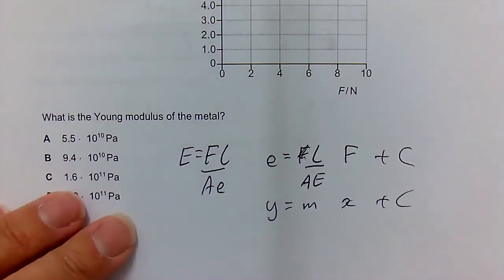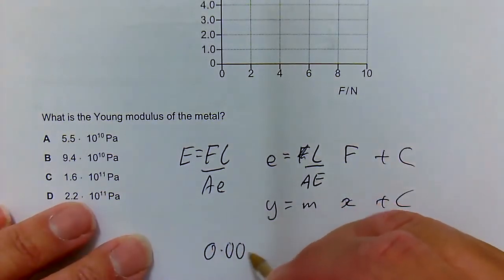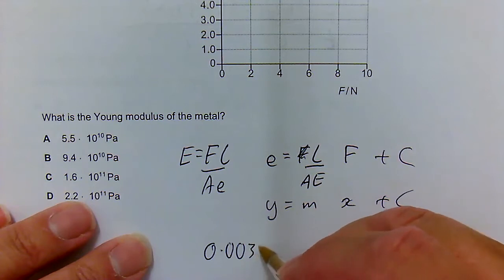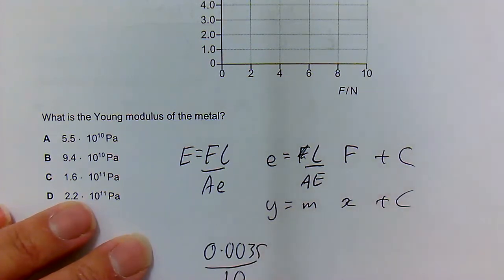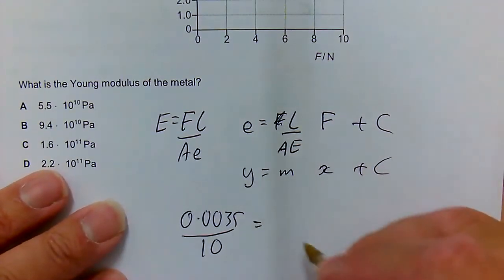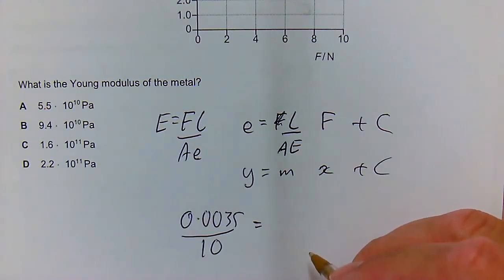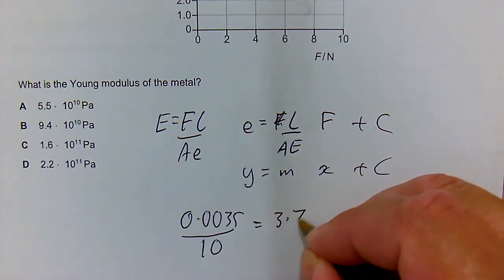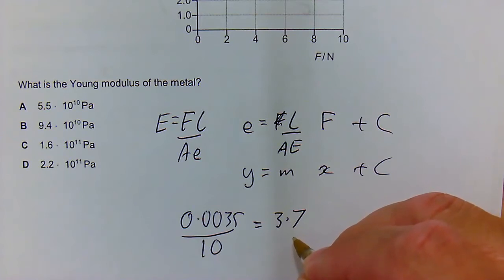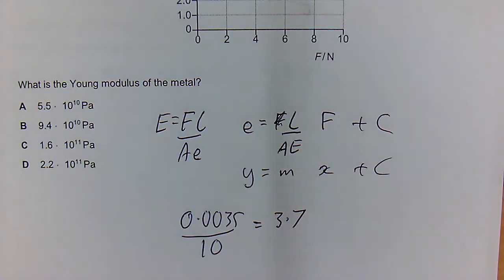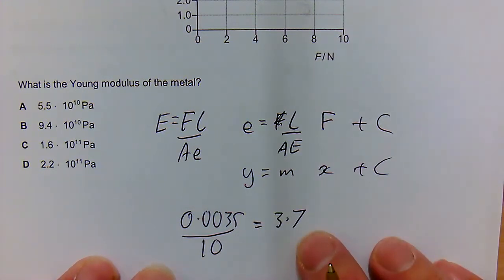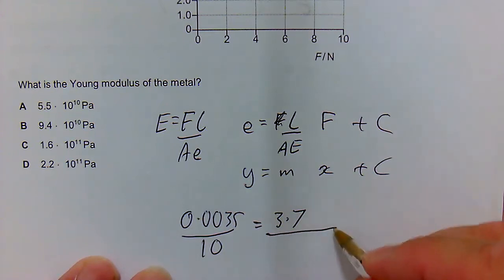So the gradient is 0.0035 divided by the 10 newtons, which is equal to the length, which it says is 3.7 meters, divided by the cross-sectional area.